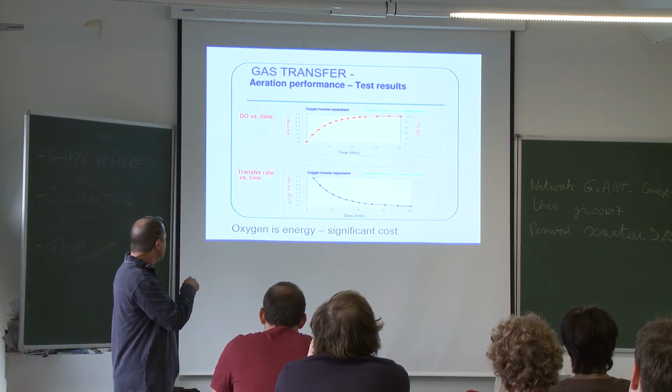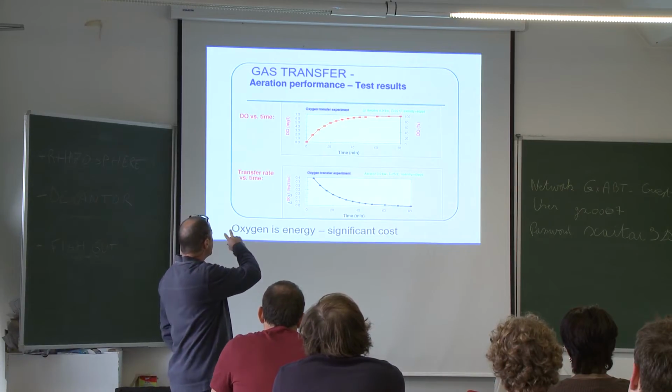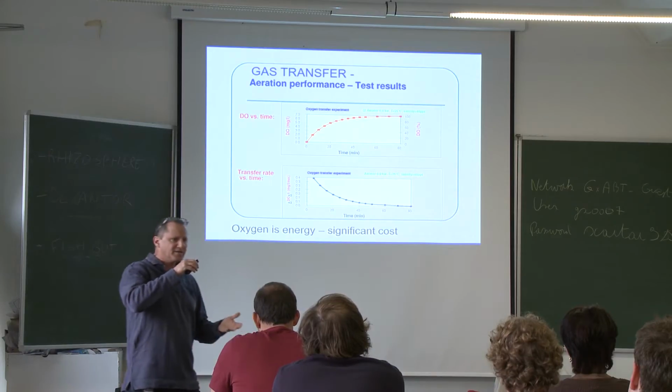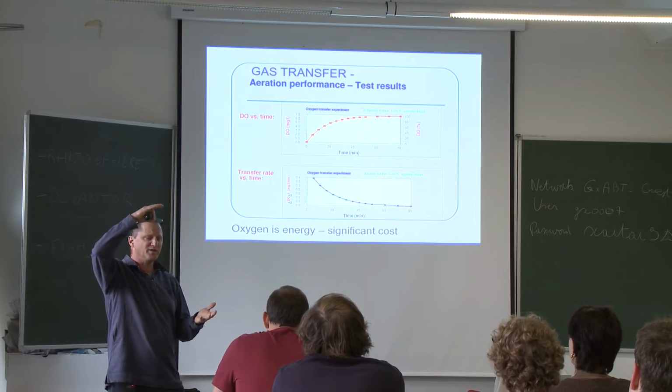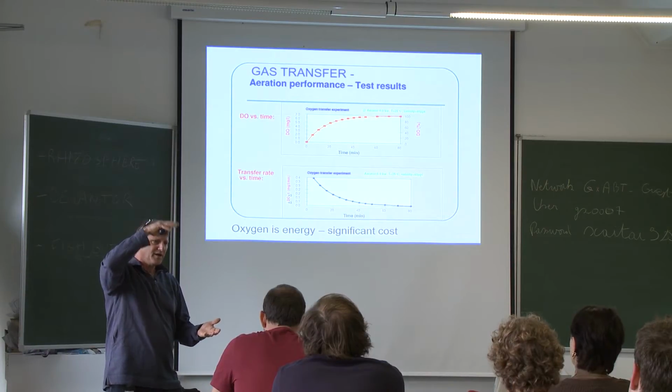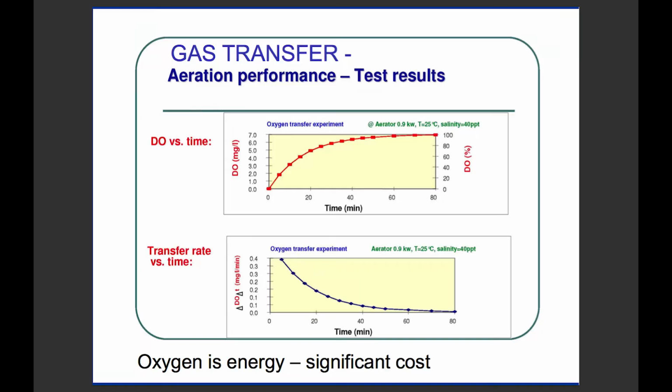So really, aeration works best when there is a large difference between the actual concentration of oxygen in the water and the maximal saturation point. So if we have 1 milligram per liter in the water, the devices will work more efficiently than if we had 5.